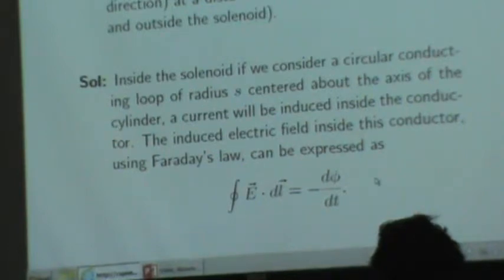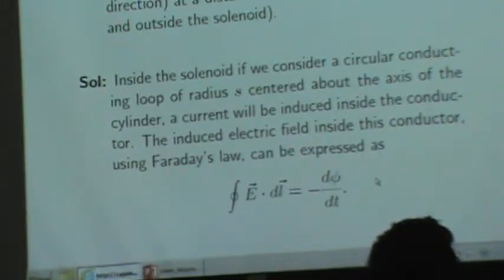So basically, we are given this long solenoid with a time-dependent current, and we assume the change in current is not rapid. It's called the quasi-static approximation, and we assume we are in that regime. Otherwise, things would change.